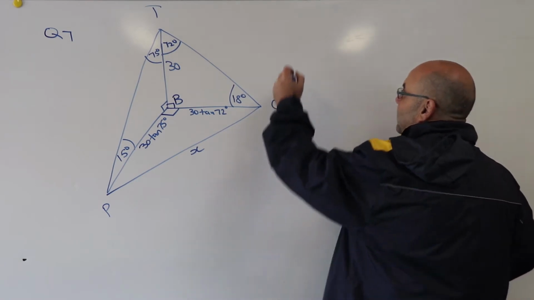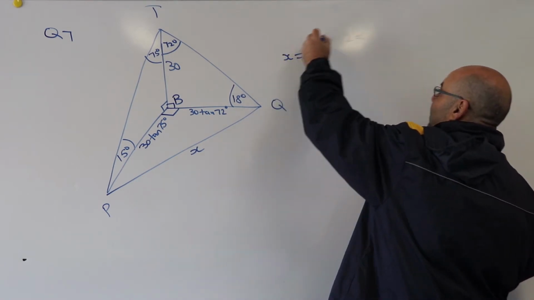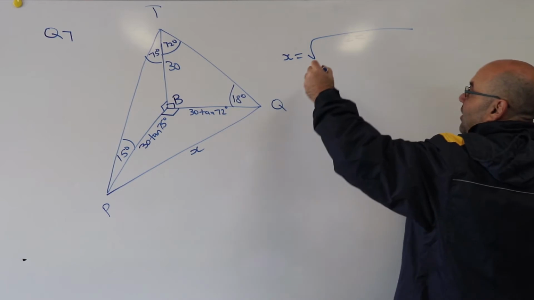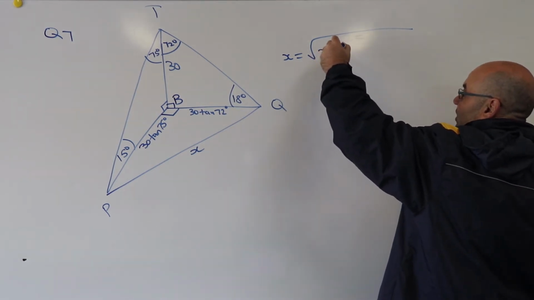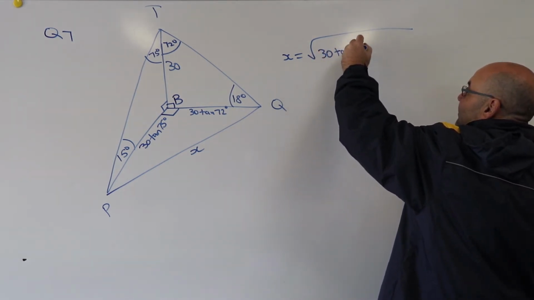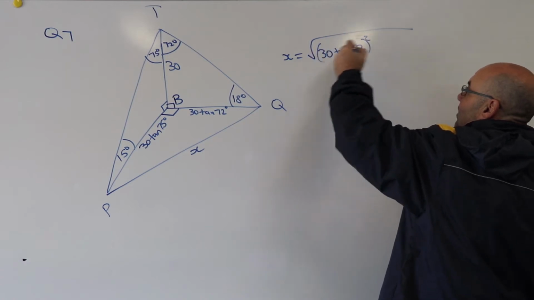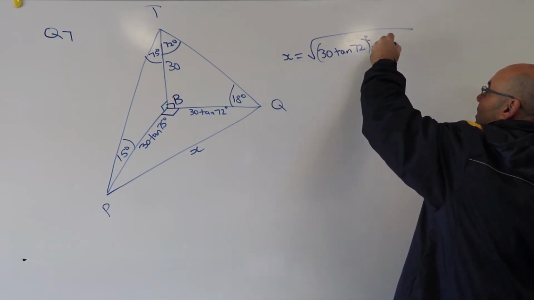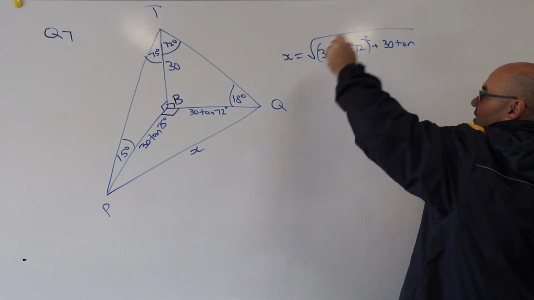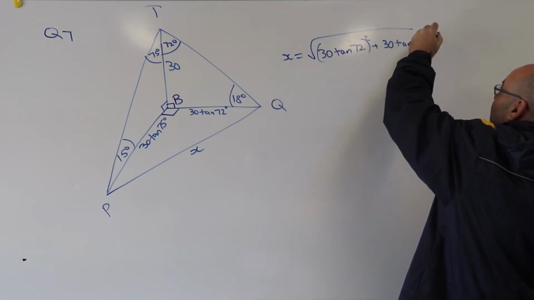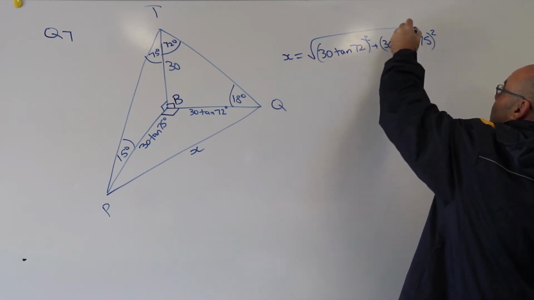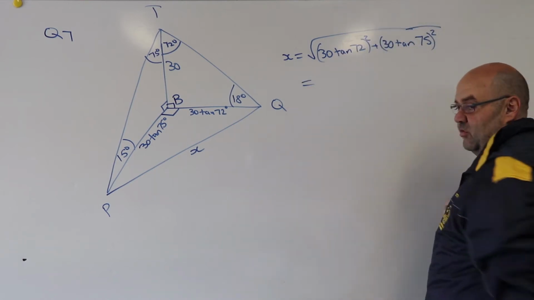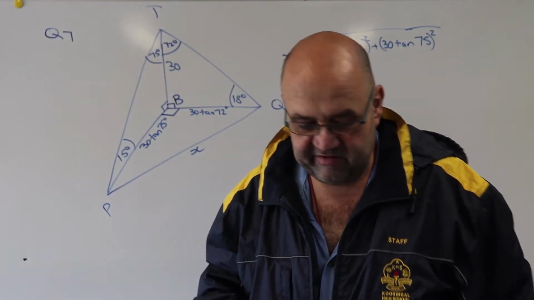So Pythagoras tells me that x is going to be the square root of 30 tan 72 squared plus 30 tan 75 squared. Now be very careful with your square roots and your brackets.